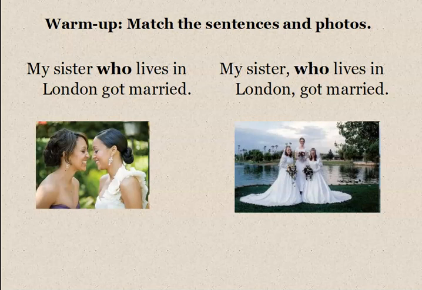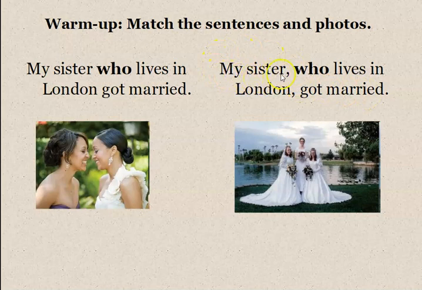Okay, let's think about them again. My sister who lives in London got married. My sister, who lives in London, got married. Any ideas about the differences? I'm going to help you a little bit. Let's start with the second one. It's easier.